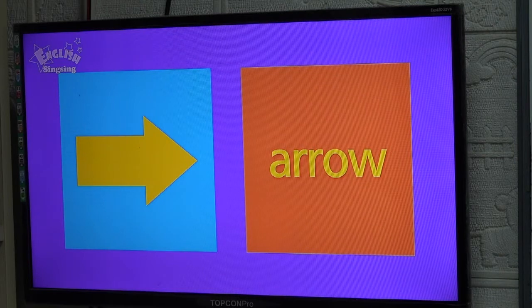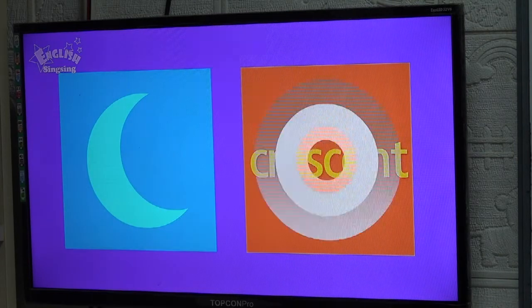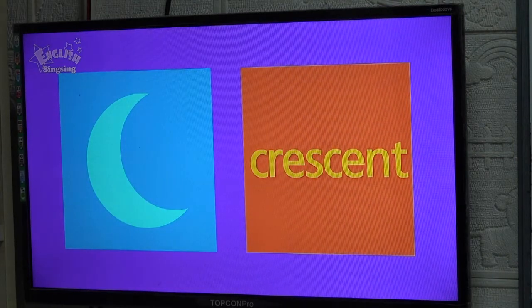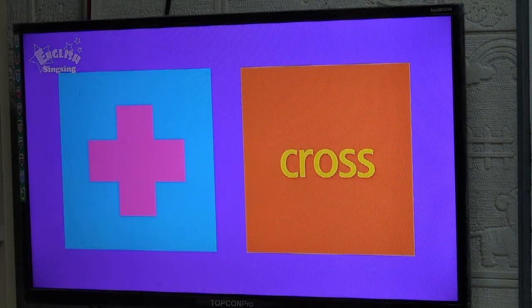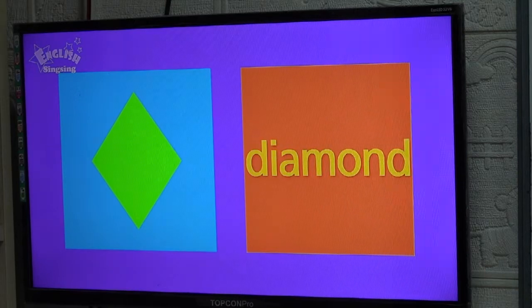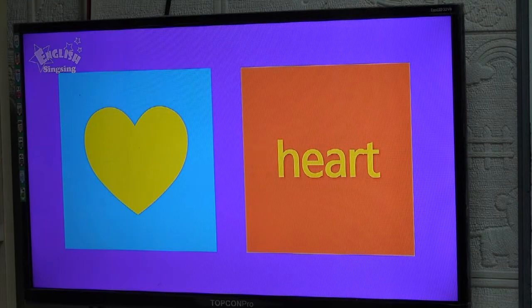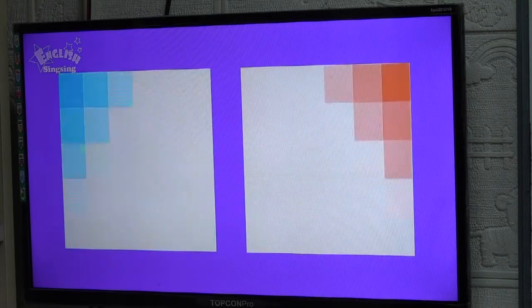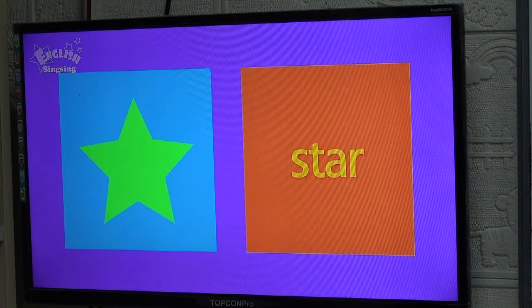Arrow. Crescent. Cross. Diamond. Heart. Star.